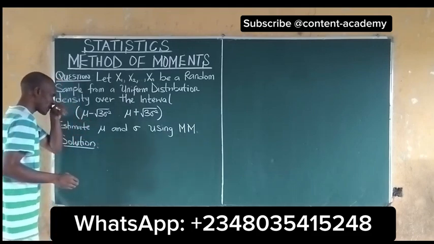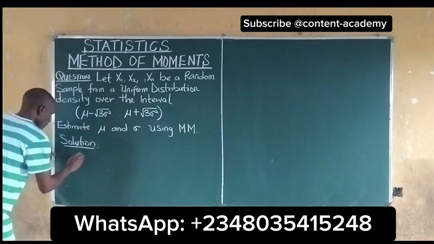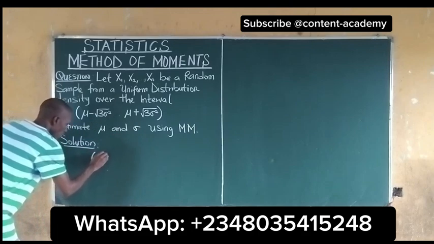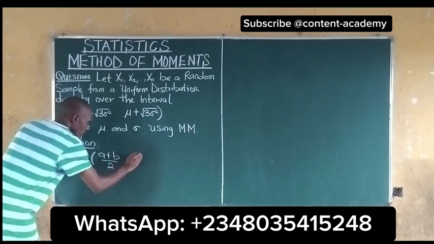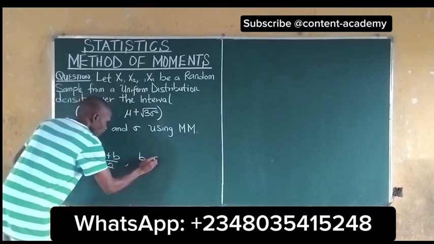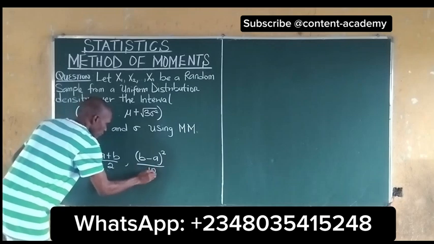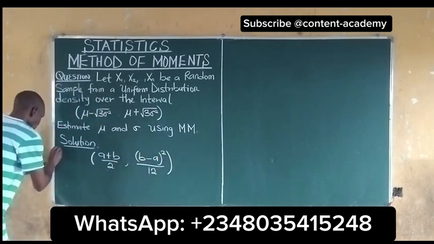The first thing to note is that for a uniform distribution, the mean is (a plus b) all over 2 and the variance is (b minus a) all squared all over 12.